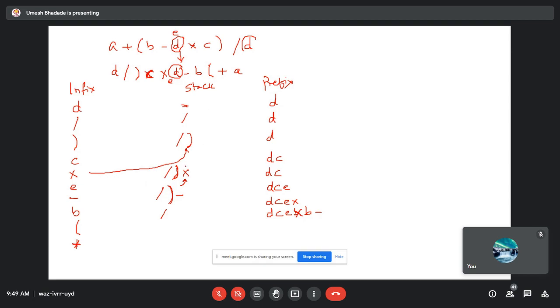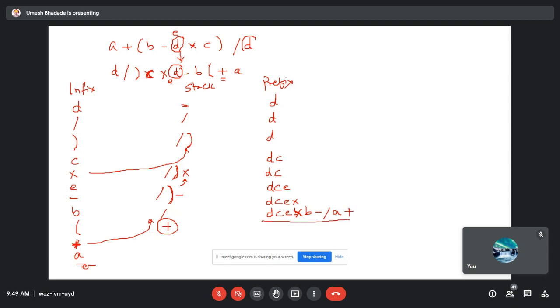After that there is plus, after the opening, there is plus. Now this plus will be compared with slash, and slash has higher priority, so what I will do is I will pop this slash and I will push plus onto the stack, and then the last symbol I will read is A, so A is appended here, and then end of the string, so what is remaining on top of the stack, plus, so I will write plus here.